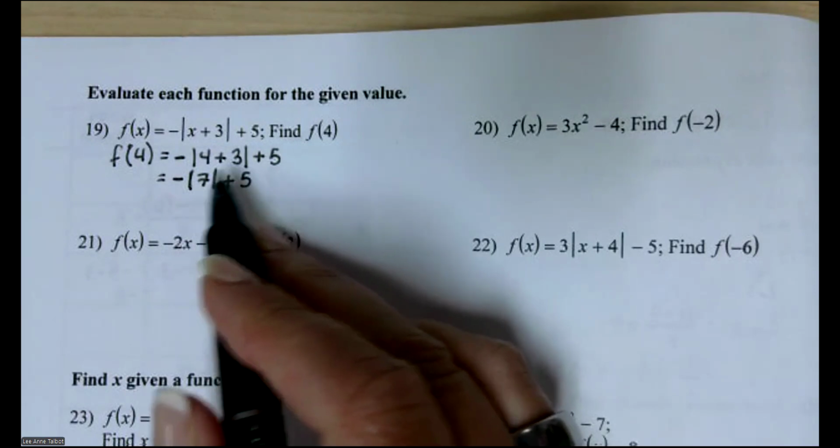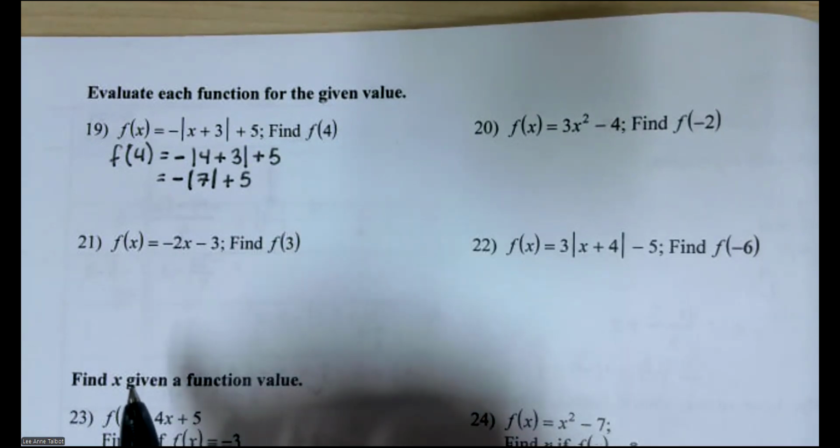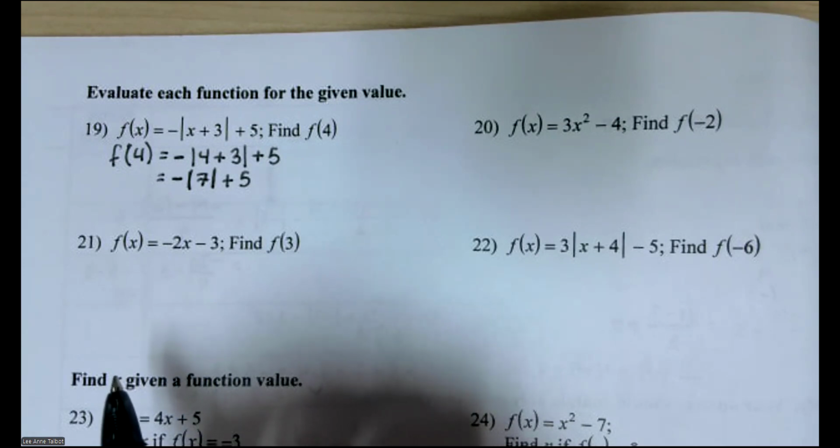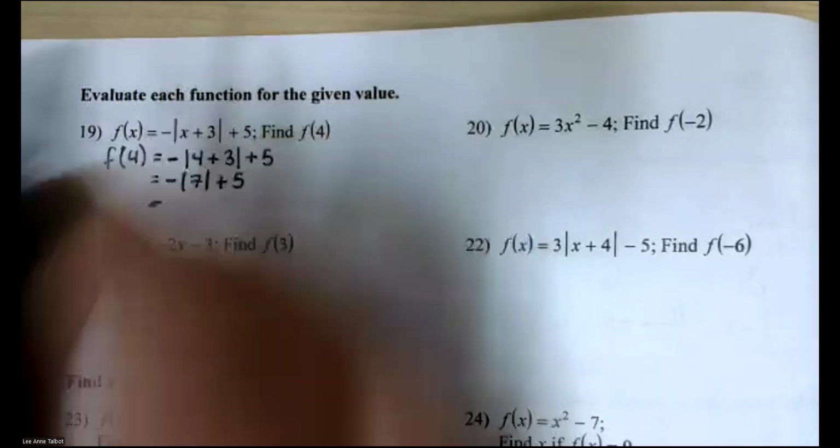Then I added the 4 and 3 together. So you treat these like parentheses. You do that first. What is the absolute value of 7? 7. So the negative is in front.